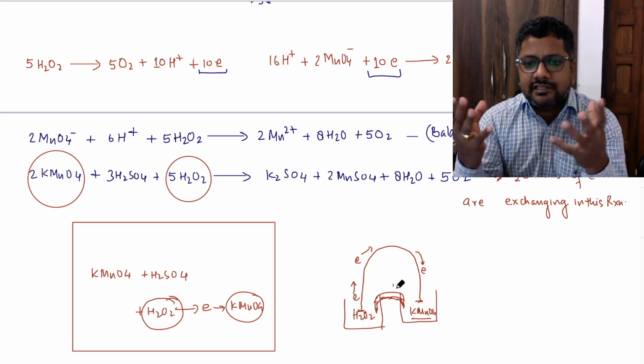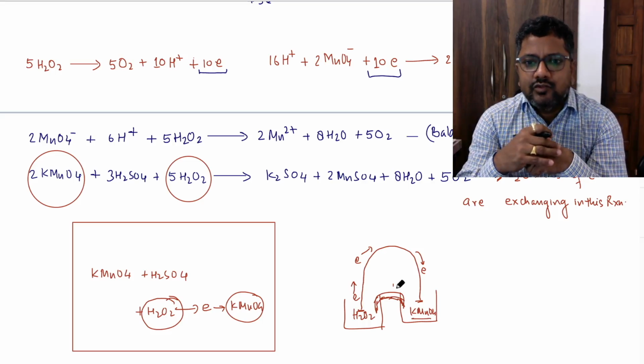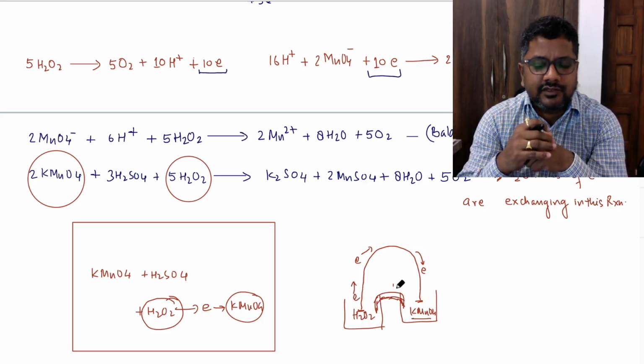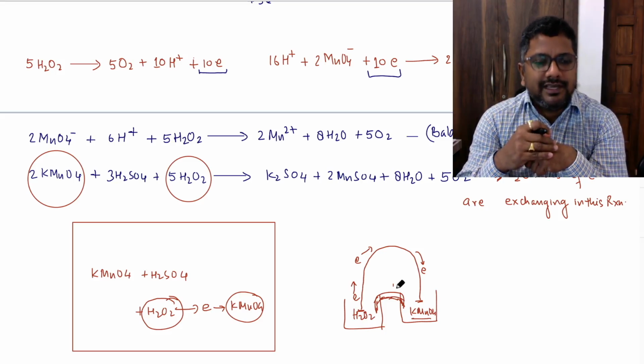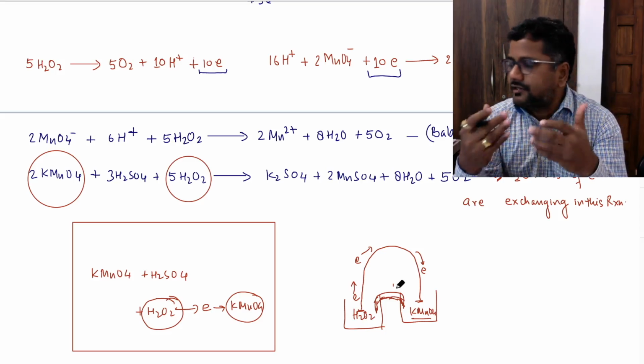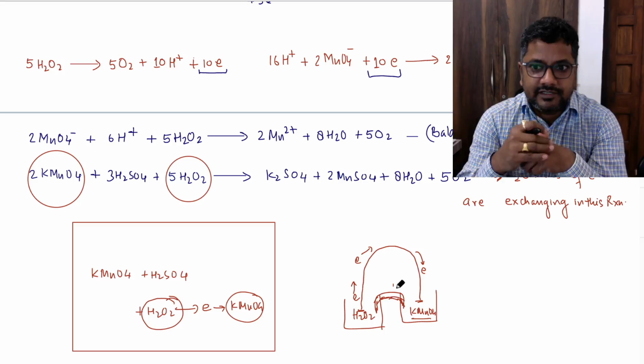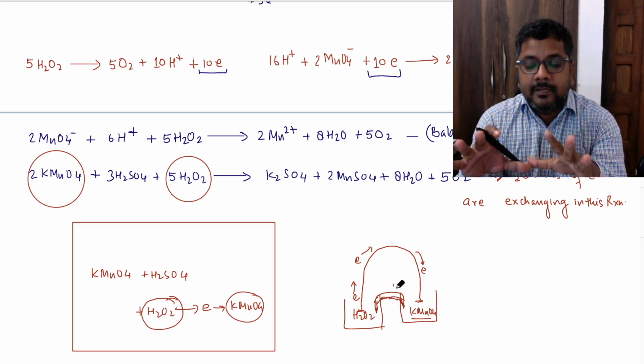Cell, what is a cell? A cell is basically a device used to interconvert energy, right? It's a very simple definition. So a cell is a kind of machine or device which can be used to interconvert energy. One kind of energy can be converted into another type of energy, but the basic concept is this.